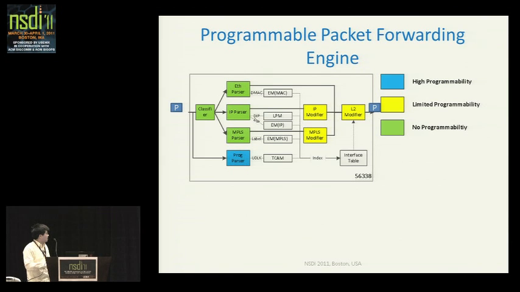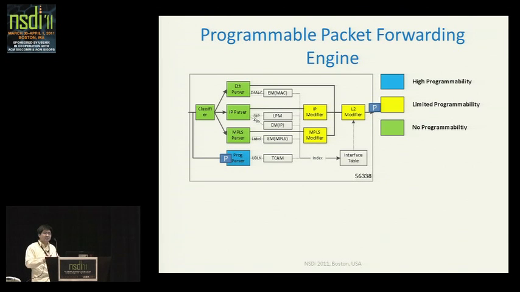Usually these blocks can process normal Ethernet, IP and MPLS packets. However, the most interesting part of this switching chip is that it has a programmable parser and the TCAM tables. Basically, the programmable parser allows you to extract a combination of packet fields in the packet header, as well as some metadata, such as the incoming port.